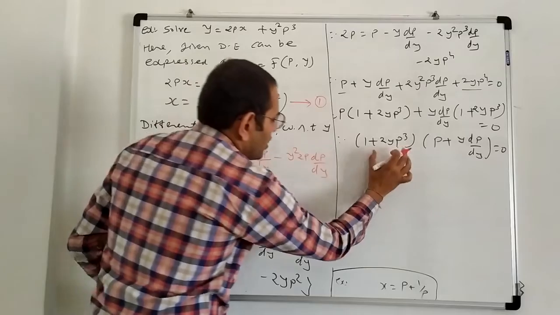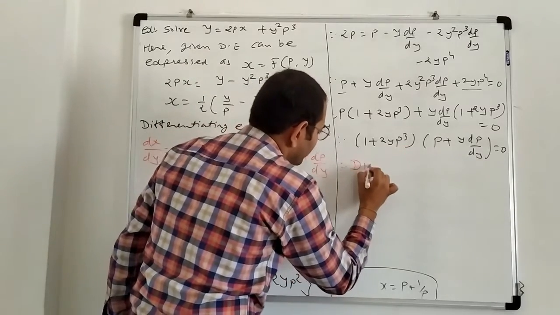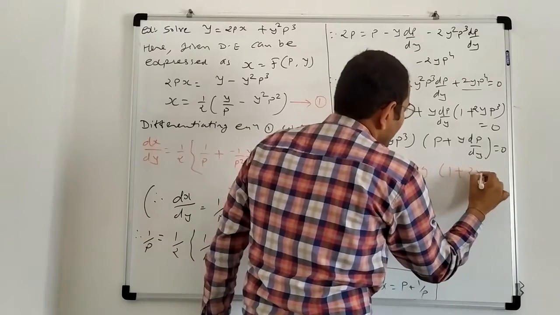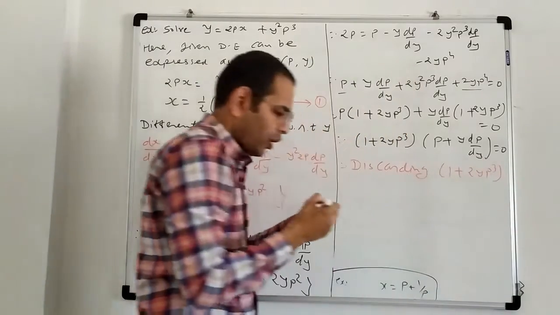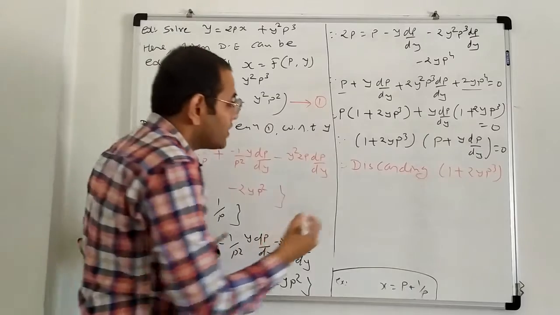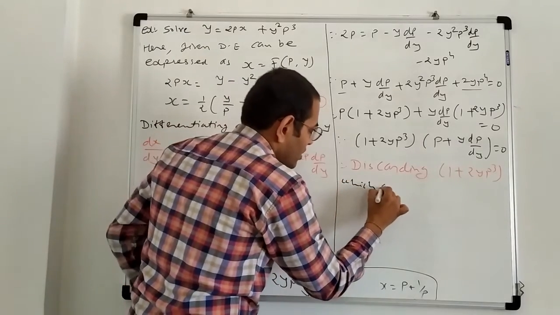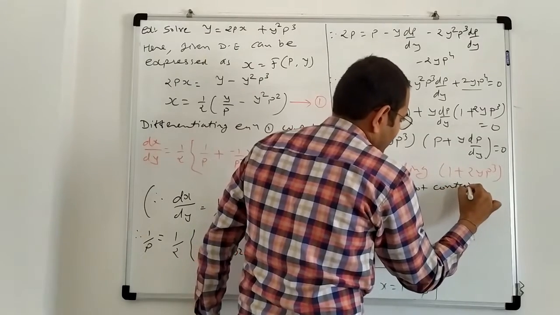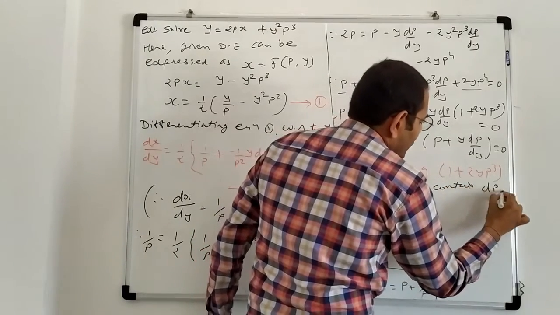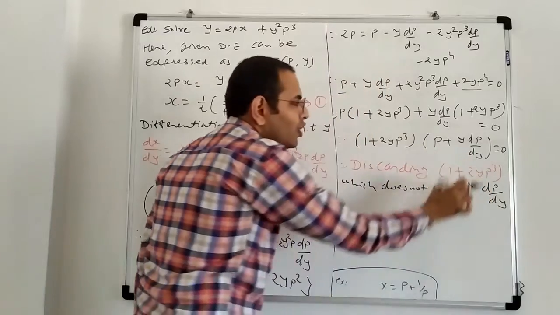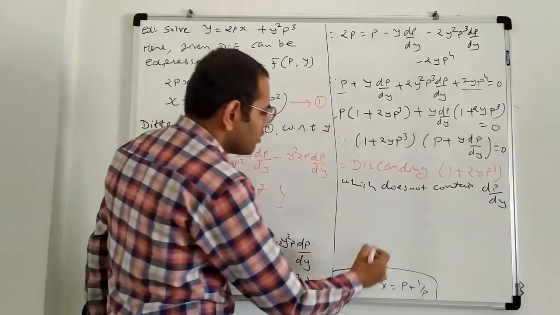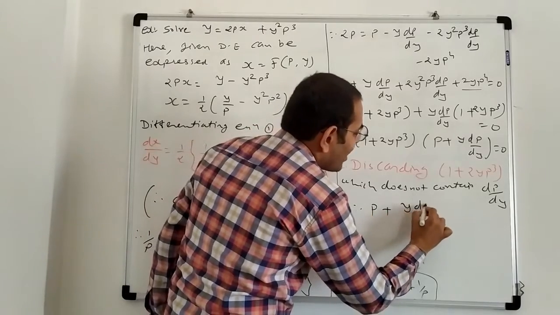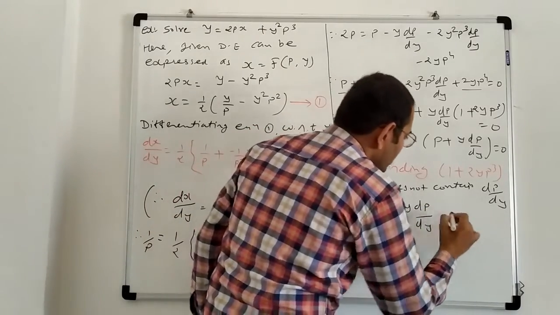Now discarding 1 plus 2y p cube, because it does not contain dp by dy. Consider only the second term, which is p plus y dp by dy equal to 0.